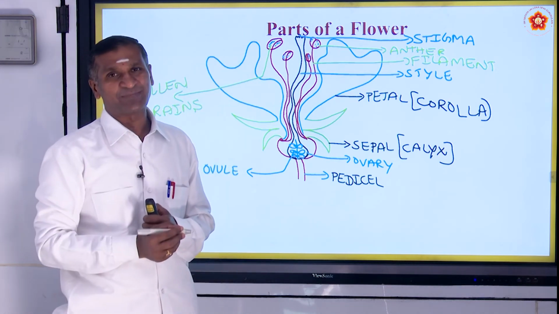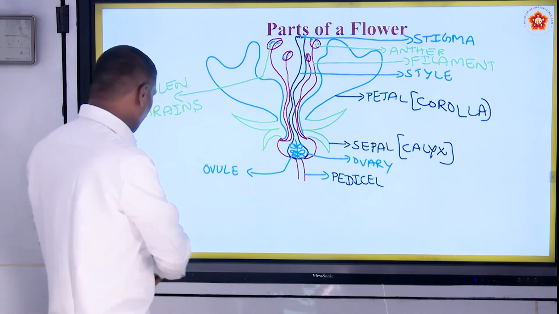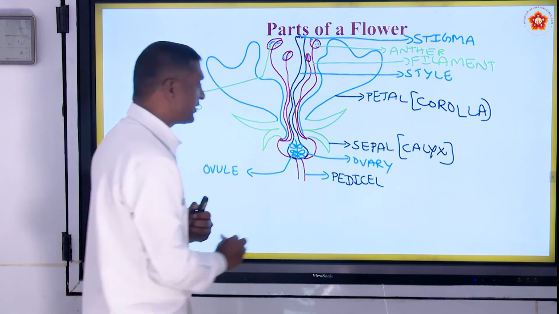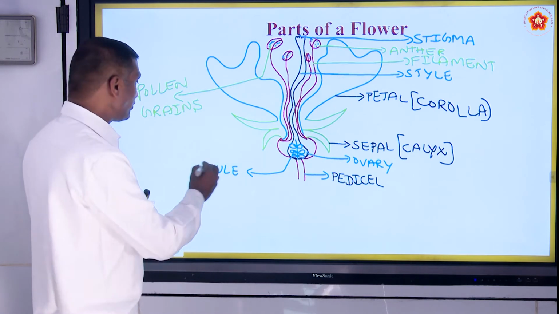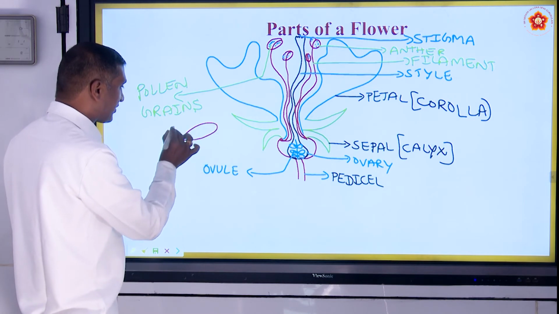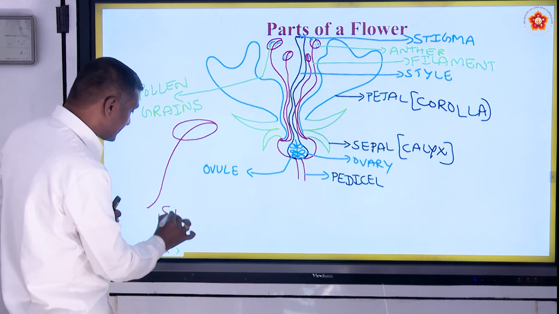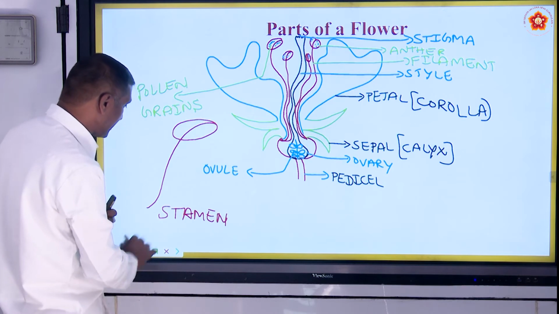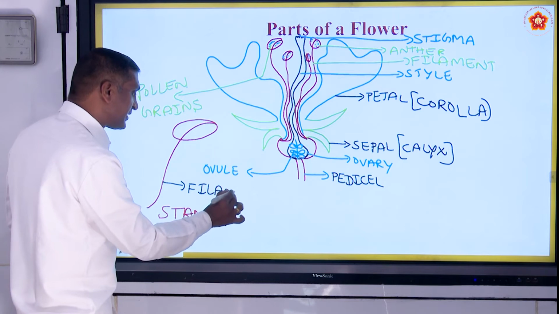and the gynoecium. The single unit of the androecium is the stamen. To draw the stamen, it's very simple, for your kind information. I hope you have understood this. Now if I want to draw the stamen, please observe it. It's a very simple one. Just draw like this, that's all. And you can mention here stamen. This stamen has an elongated filament.